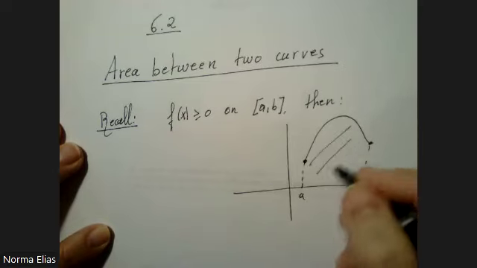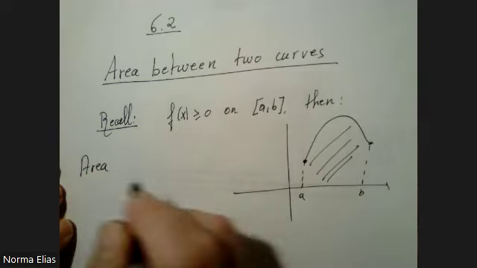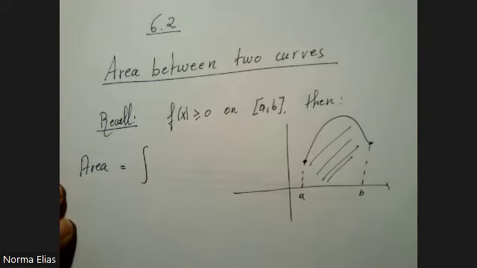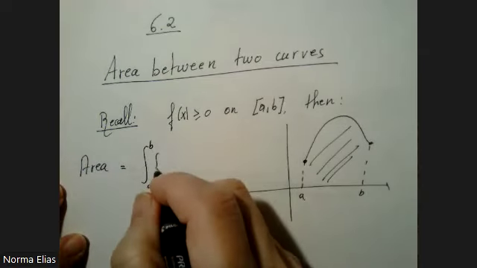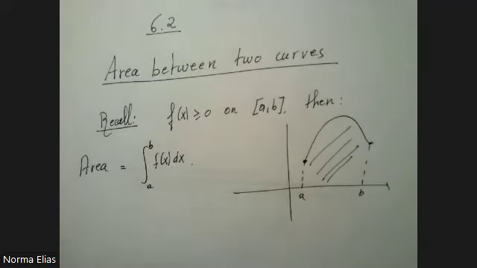My function is positive, then the area under the graph, so the area of this region, is basically the Riemann sum when the number of subdivisions is very large. So it's the integral from a to b of f of x dx. So that's exactly what we know.